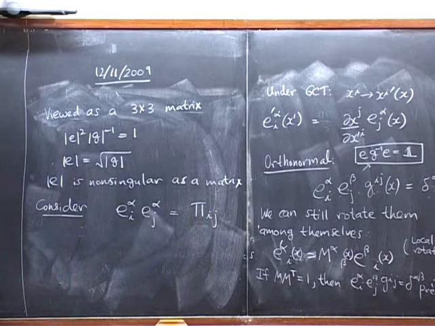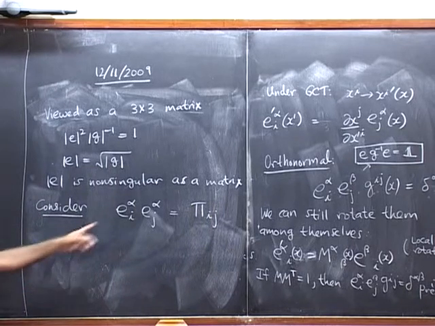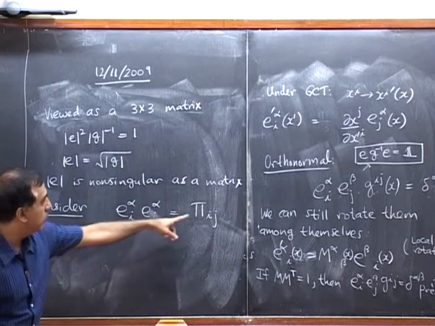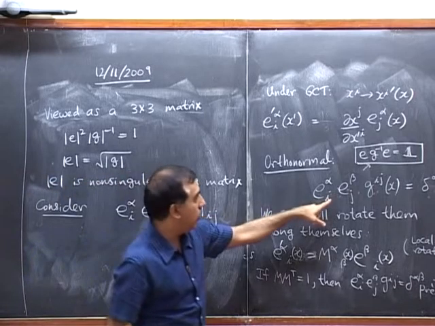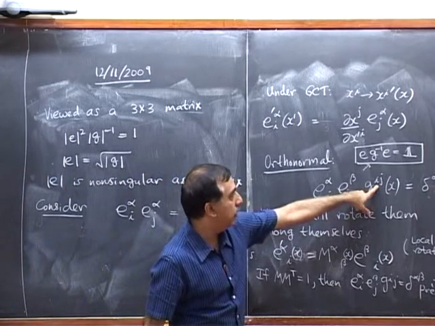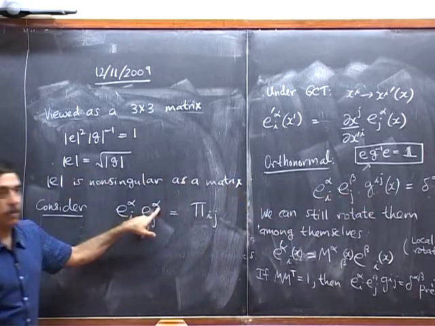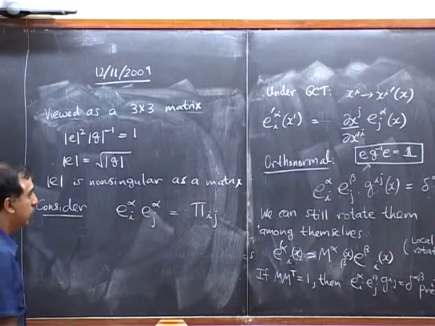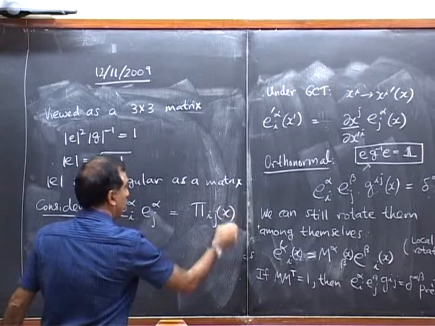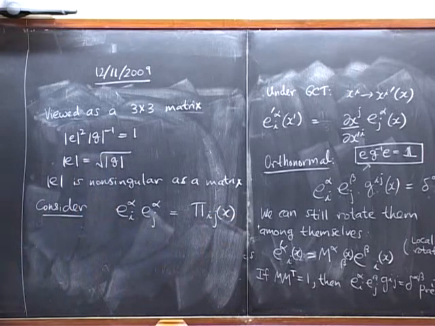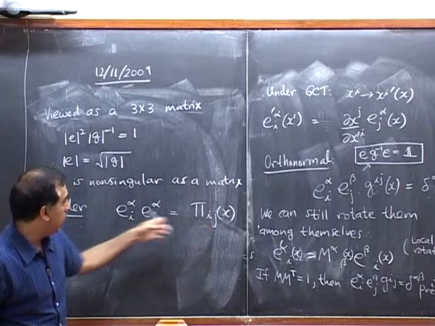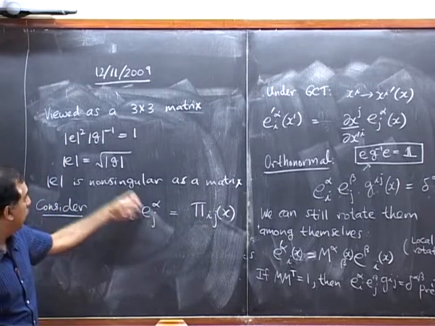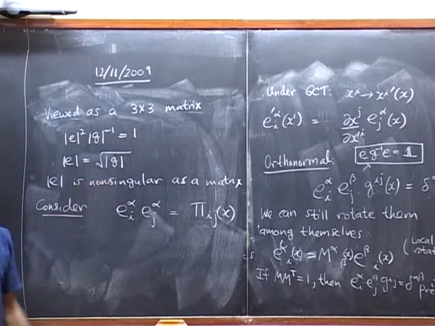I don't know what it is. Notice that this is a different way of contracting two E's to get a matrix. Here we contracted the indices I and j, but here we've contracted the indices alpha and beta. So we've got some matrix. Let's try to find out what we can say about pi. First suspicious fact is that the determinant of pi is square of determinant of E, which means it's equal to determinant of G. That's nice.